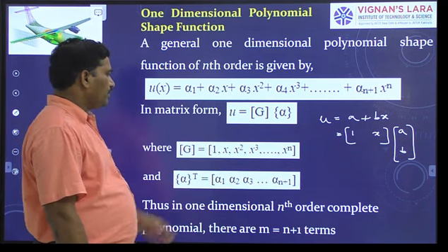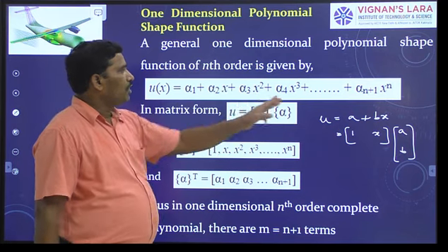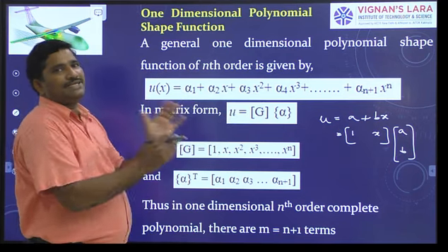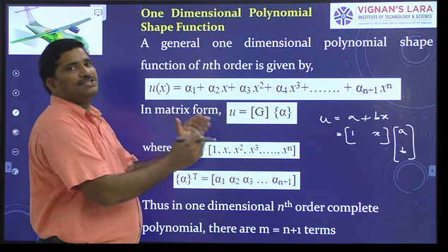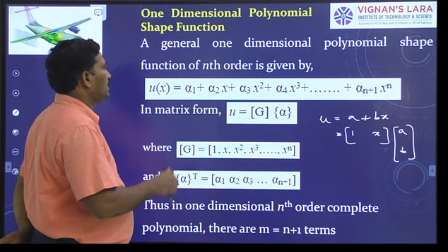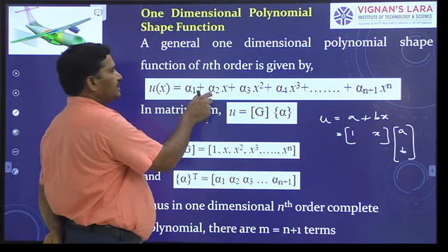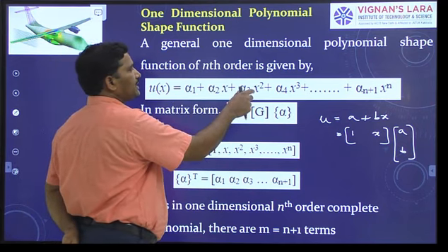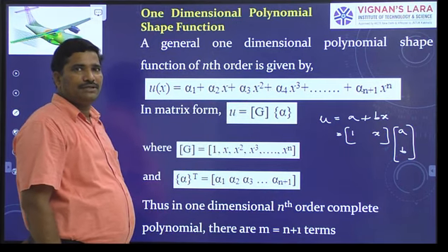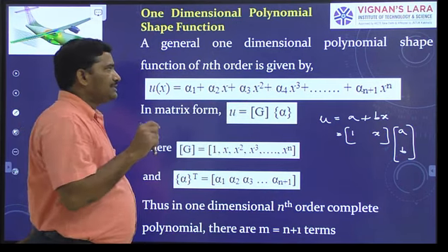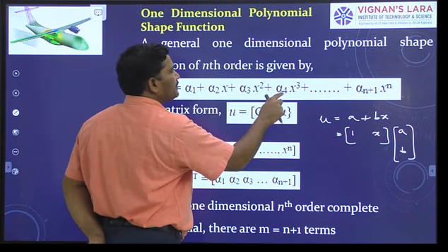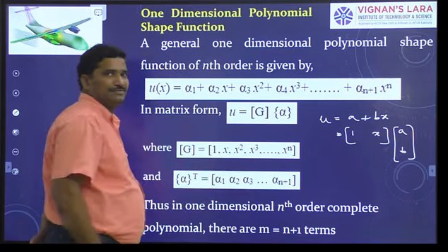Okay. Now, if you observe this polynomial of order n, it has how many terms? N plus 1 terms. This is first term. This is second term. This is third term. This is fourth term. Right? The term number is identified by the subscript of this coefficient.